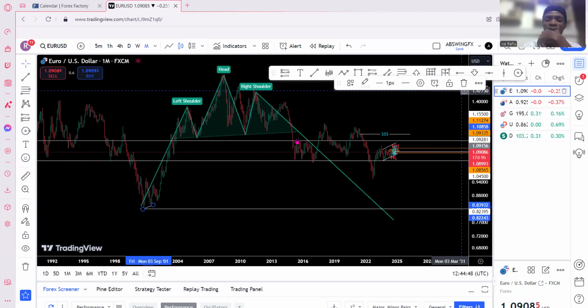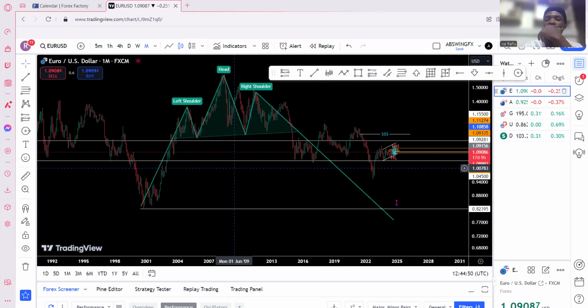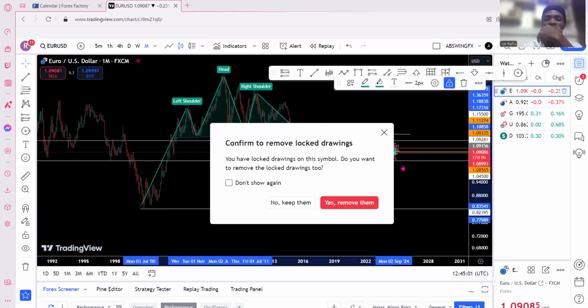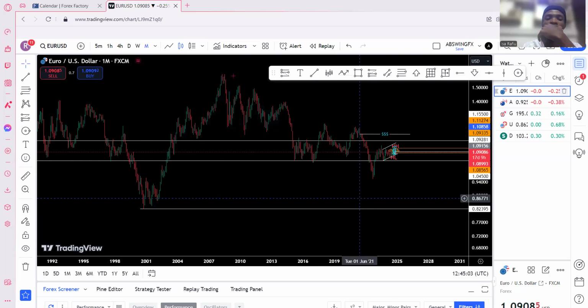Now, that is the full TP of the move. And you can see ever since then, I can boldly represent it with a liquidity sign.